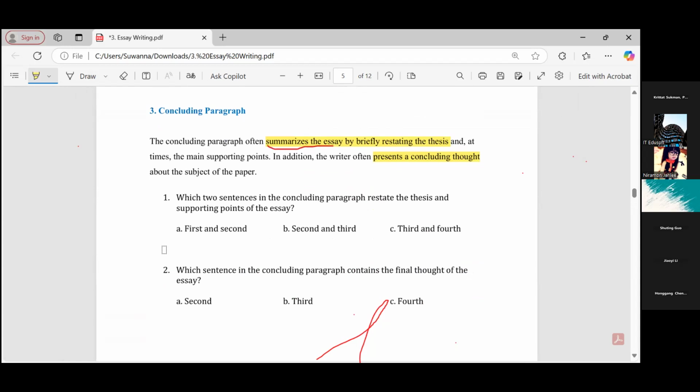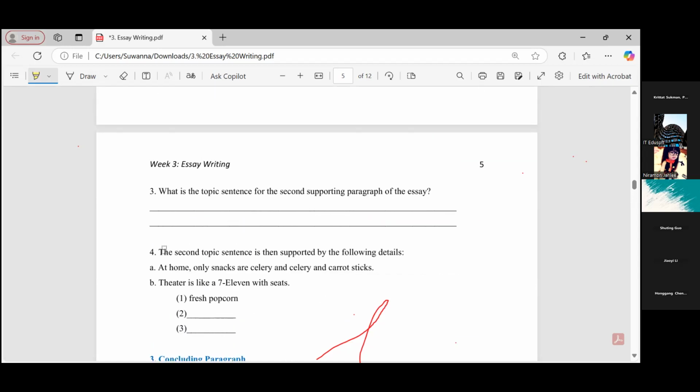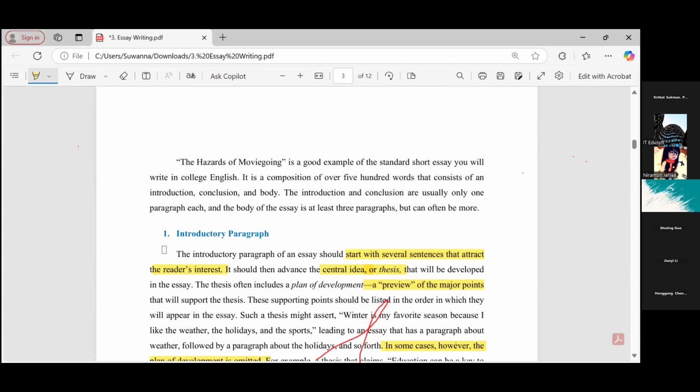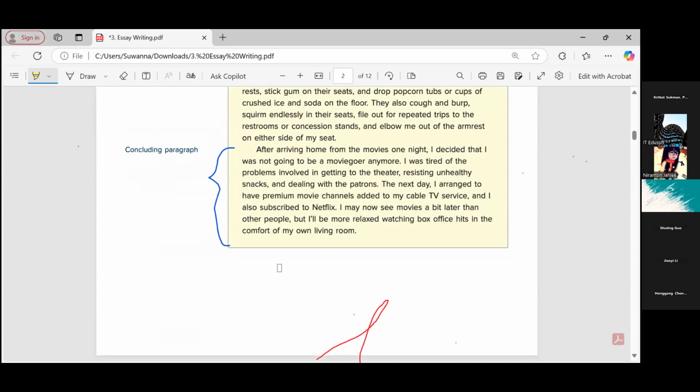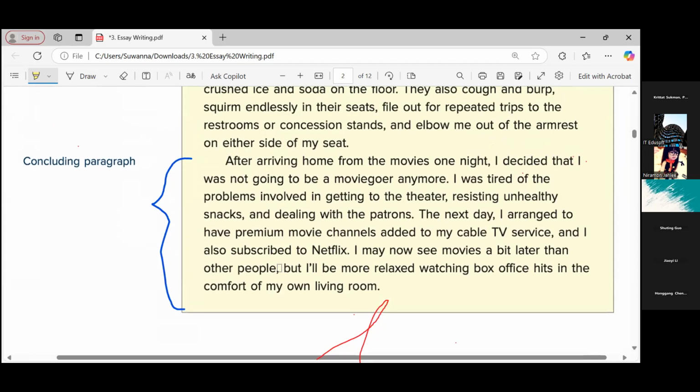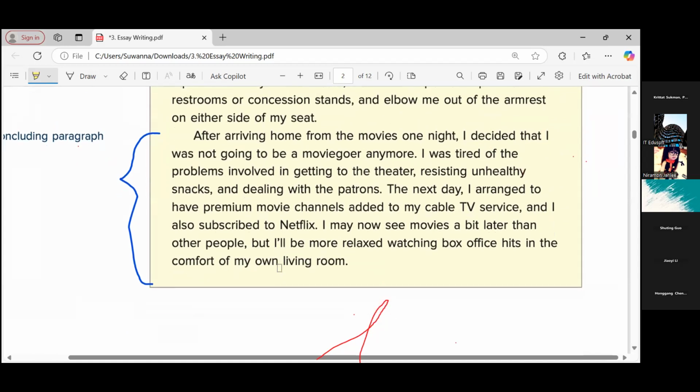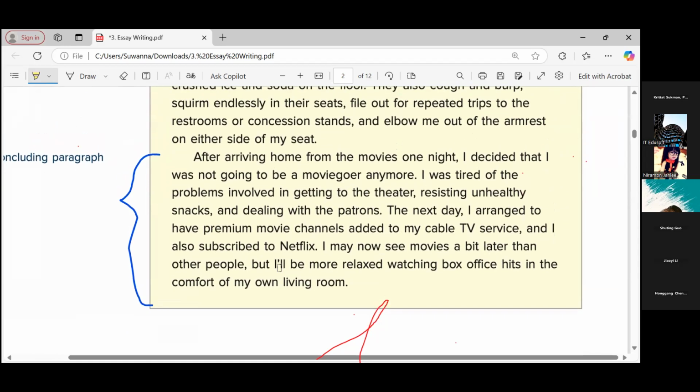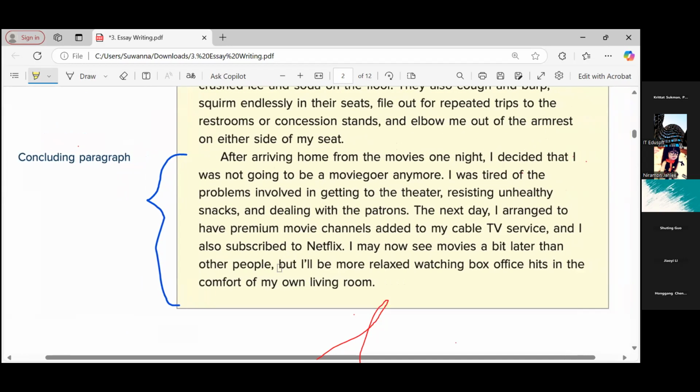Number one, which two sentences in the concluding paragraph restate the thesis and supporting points of the essay? Allow me to go back to the sample essay. Over here, can you spot the restatement of the thesis in this concluding paragraph?